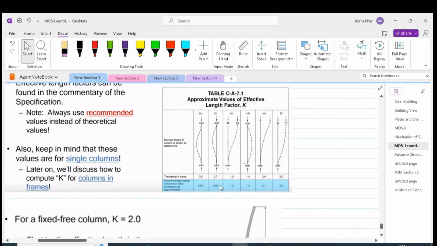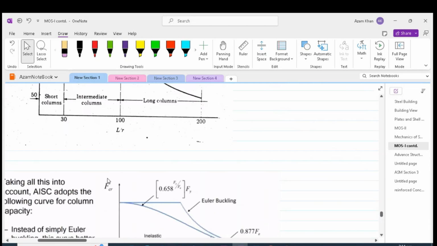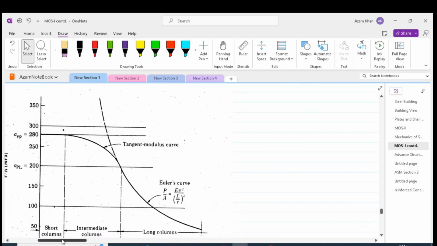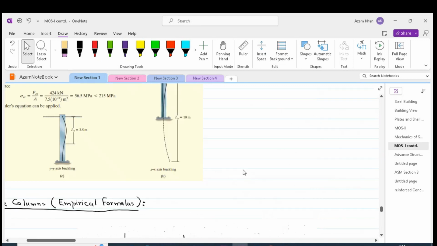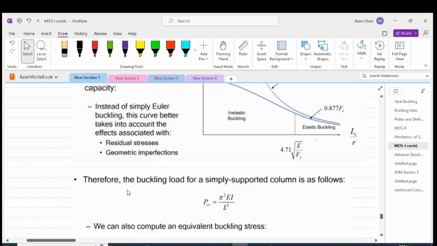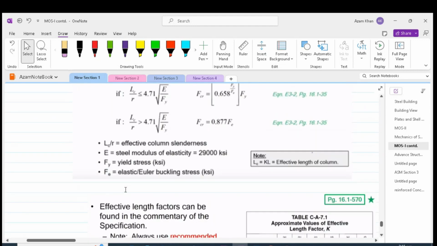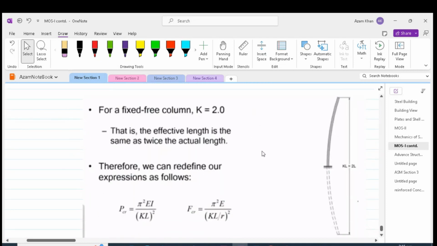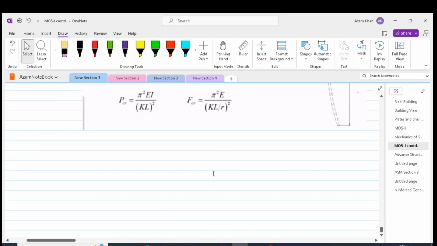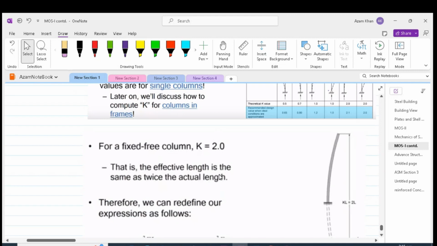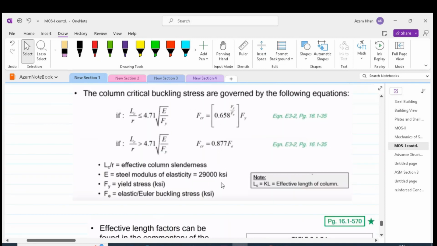It must be noted that the same formulas we discussed in our mechanics appear in the codes of practice. However, the codes apply some additional factors to make the equations more conservative or more practical.